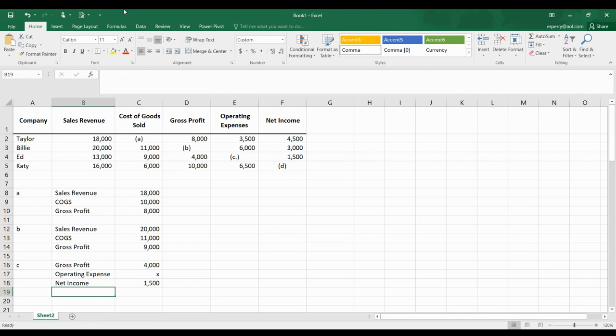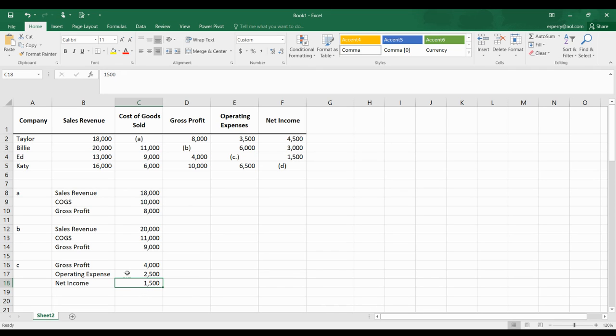Okay, so to solve for my operating expenses, I've got to solve for X. And so 4,000 minus 1,500 is going to back me into what my operating expenses are. In this case, it is 2,500. 4,000 minus 2,500 gives me net income of 1,500.